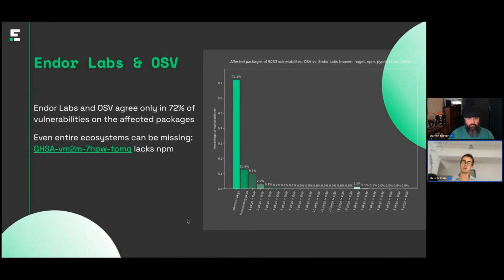So here we have one example. I think it is a Microsoft component. They produce artifacts for 4 ecosystems out of 1 open source repository on GitHub or so. And the GitHub security advisory we found is not talking about the NPM package being affected, even though the original advisory from Microsoft does.